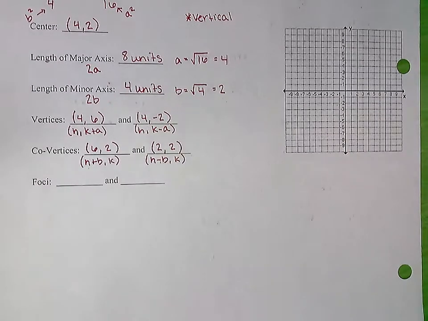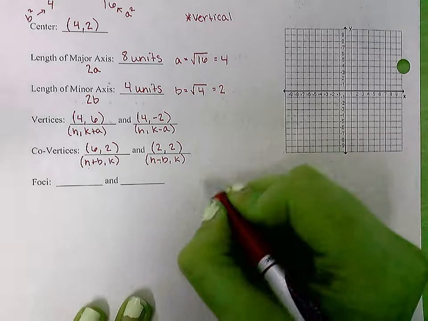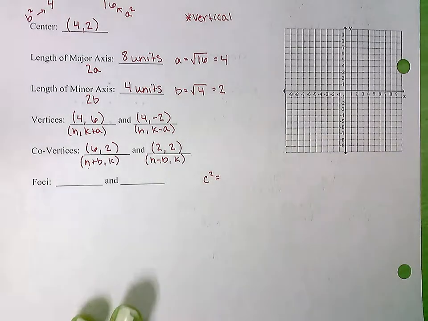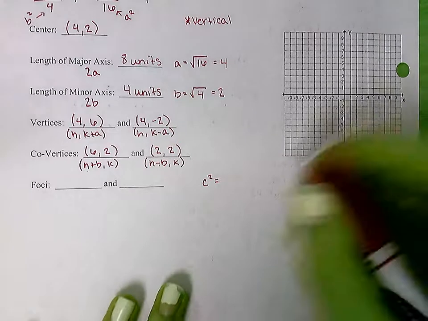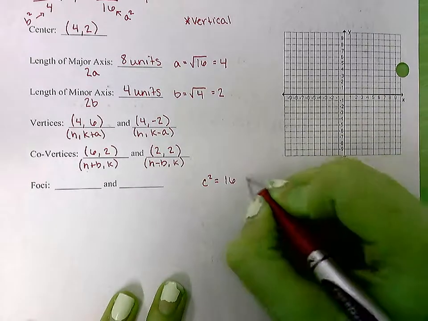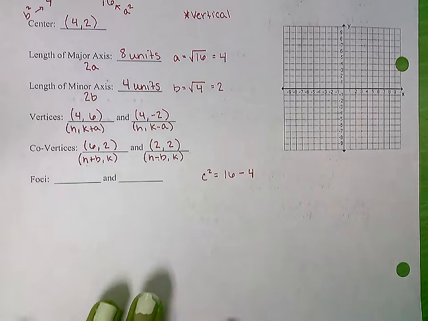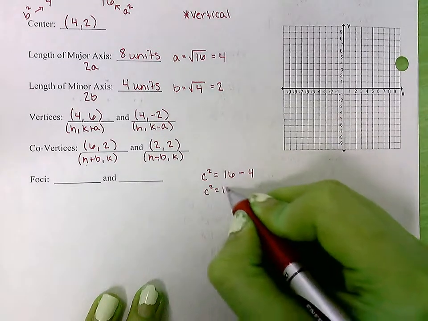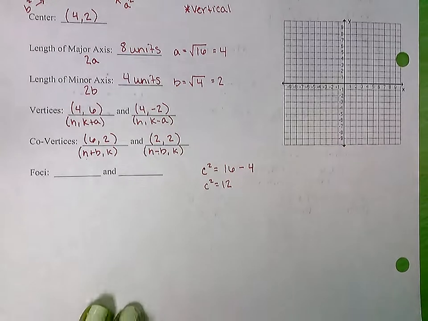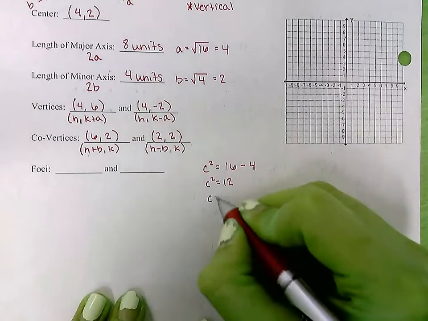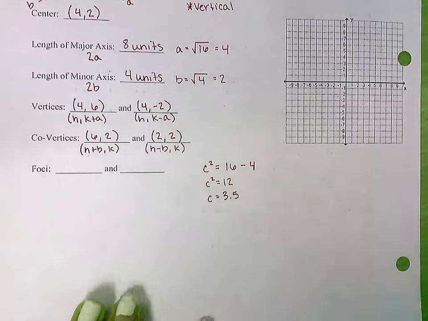Okay, last we need to find c. So c squared will be equal to our a squared value minus our b squared value. So c will be about 3.5.